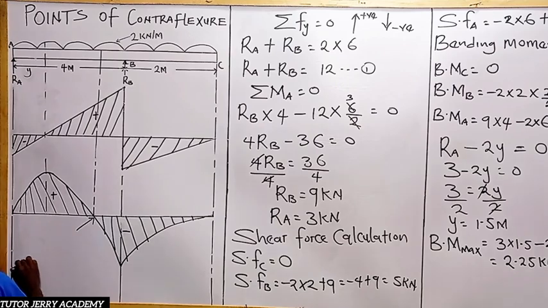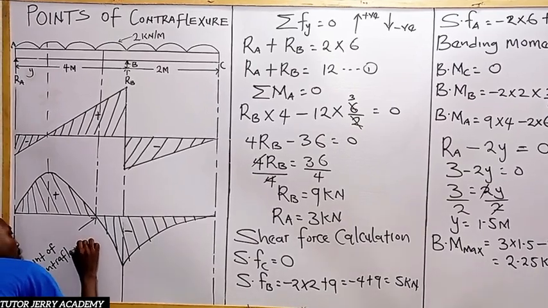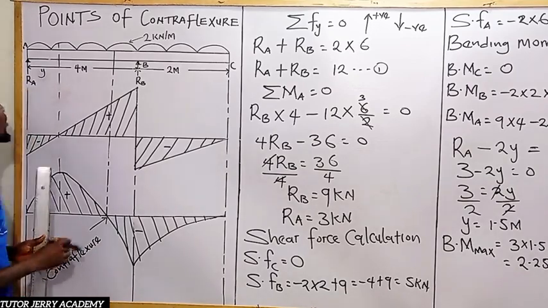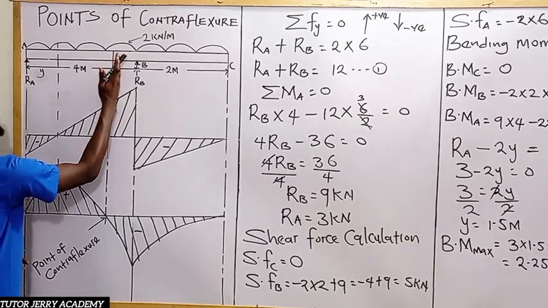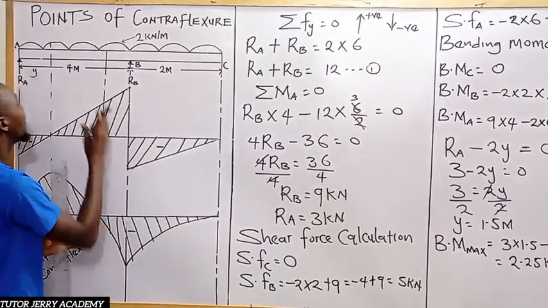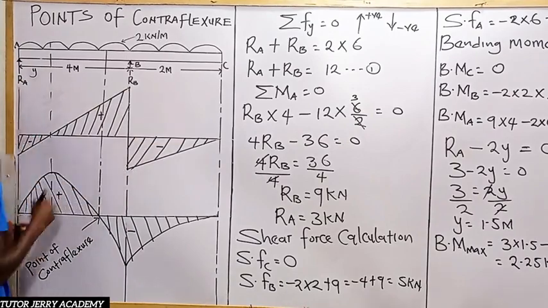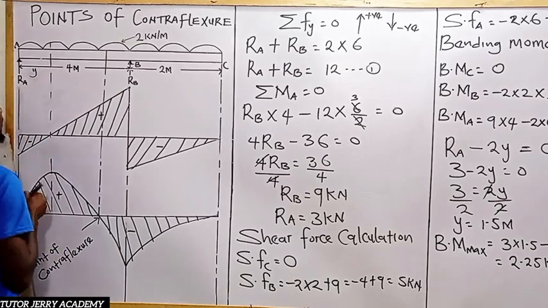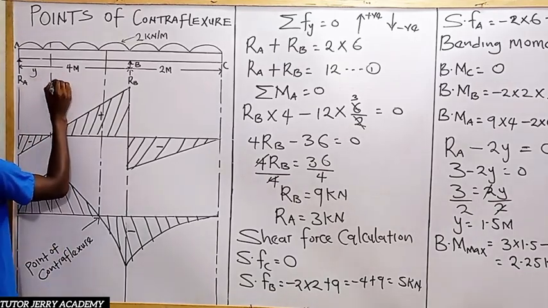So let's write point of contraflexure here. All right. So here's our point of contraflexure. Now we can either calculate our bending moment to the left or to the what? To the right. So from this point to this point, let's name it to be our x. So let's name this point to be our x.